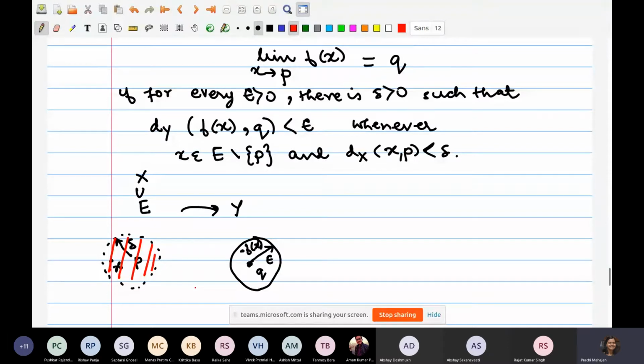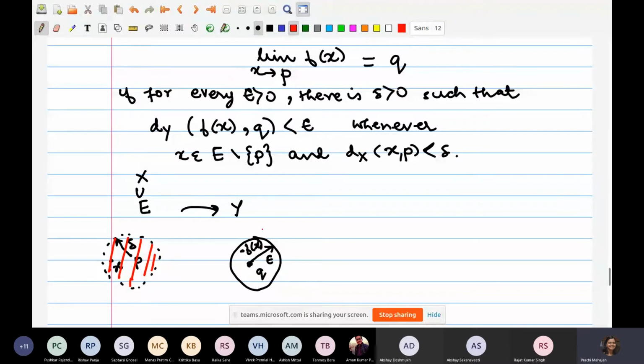I give you an epsilon and you manage to produce a corresponding delta such that all the points x in this delta neighborhood of the point P, which is this shaded region in red, except the center point P, land in this epsilon neighborhood around the point Q via f.